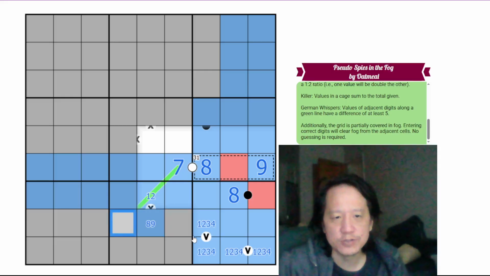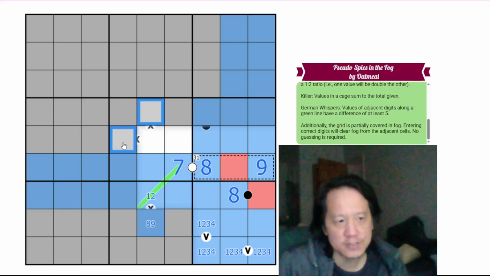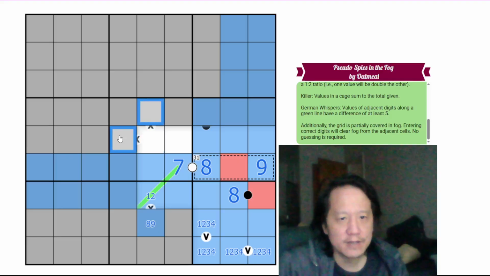This could be a pseudo digit here. We don't know. Sorry, this digit adds up to 10 with two other cells. It cannot be two unique digits.